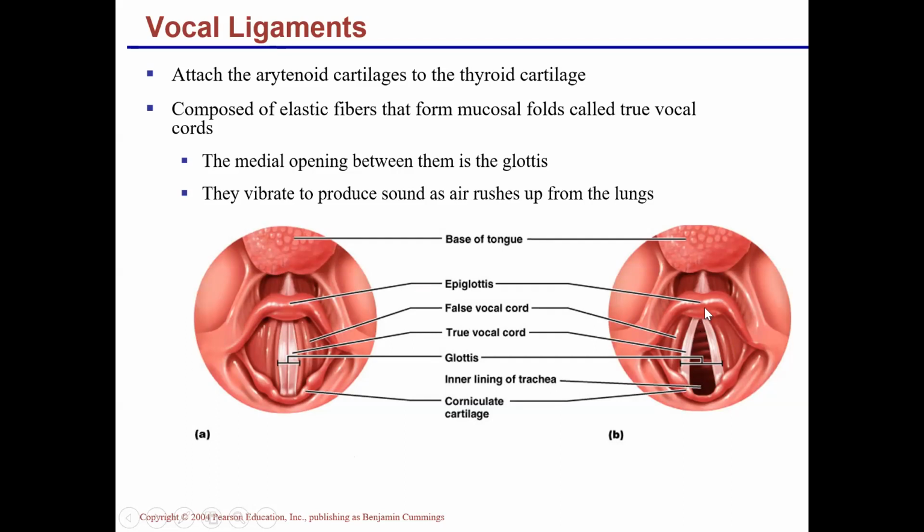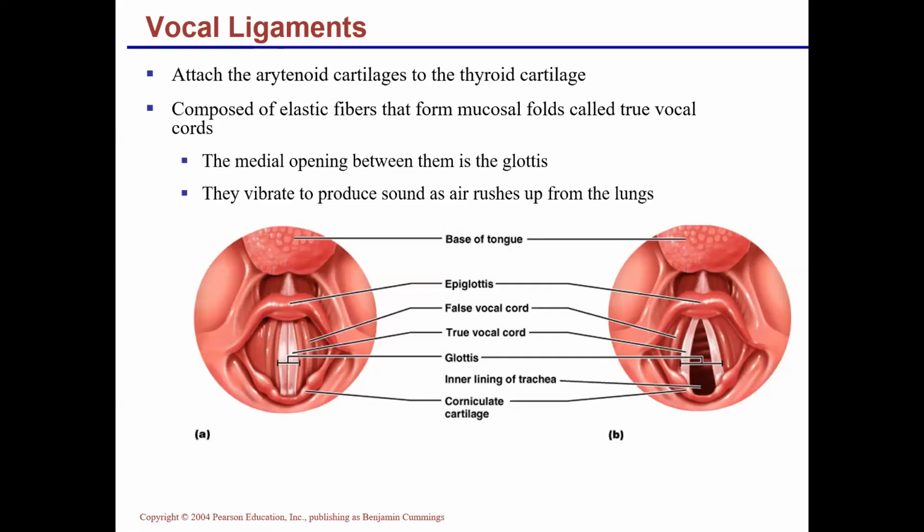By tightening this vocal cord, and also by controlling the opening between them, this part has a name. It's called the glottis. By controlling the size, the widening of this opening, and also how tight the vocal cord is, we can produce different sounds.